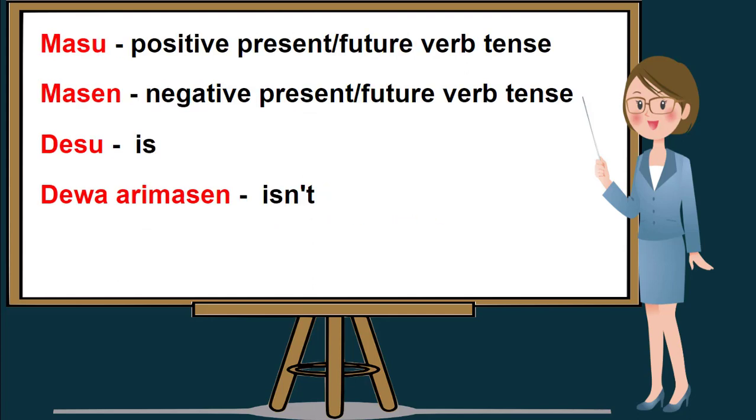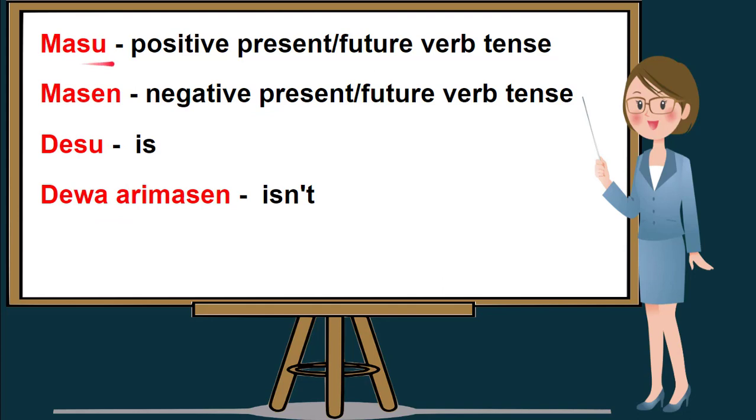From my previous lesson, which I will be putting the link down below in the description box, we have learned about the use of mas, masen, des, dewa arimasen in creating a sentence in Nihongo.